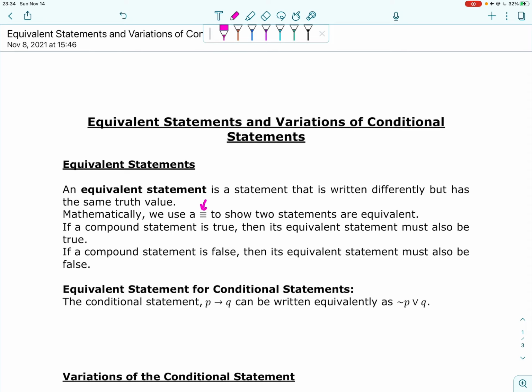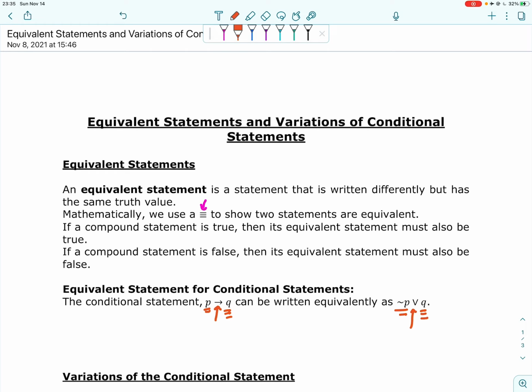So the conditional statement, if P then Q, can be written equivalently as not P or Q. So whatever you start with in terms of your P and your Q, you're going to negate the first term, change the if then to an or, and leave the third term alone.